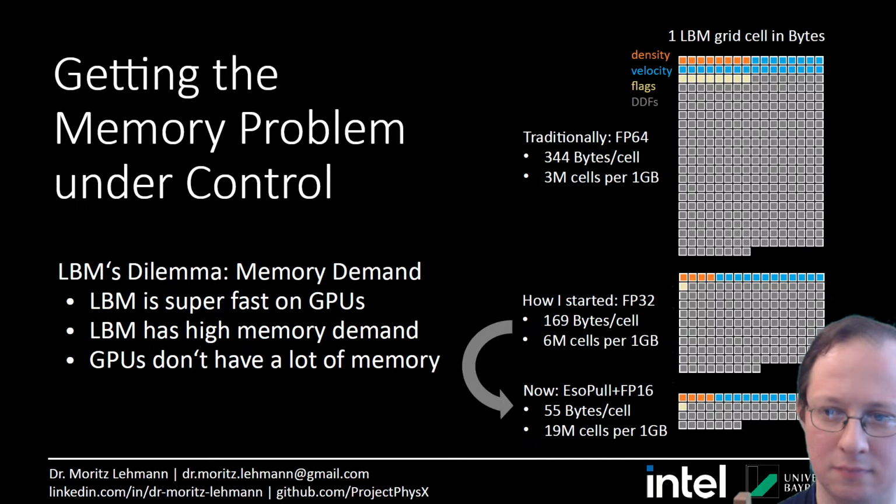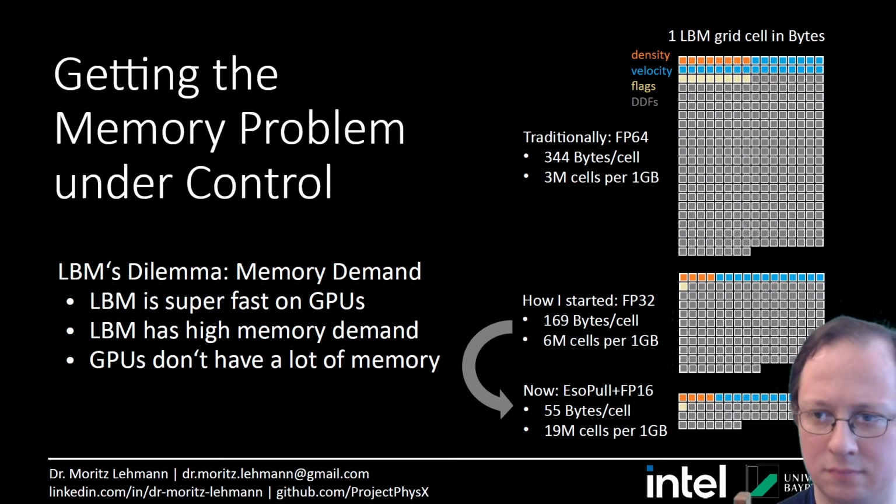There's 8 bytes for the density, one double precision number, 3 numbers for the velocity in x, y, and z coordinates, and there are the flags, and all of the gray part is those density distribution functions, and there's a lot of them, and they take up the majority of the memory, but they are not direct observables. You're only interested in density and velocity, but Lattice Boltzmann needs the DDFs to function.